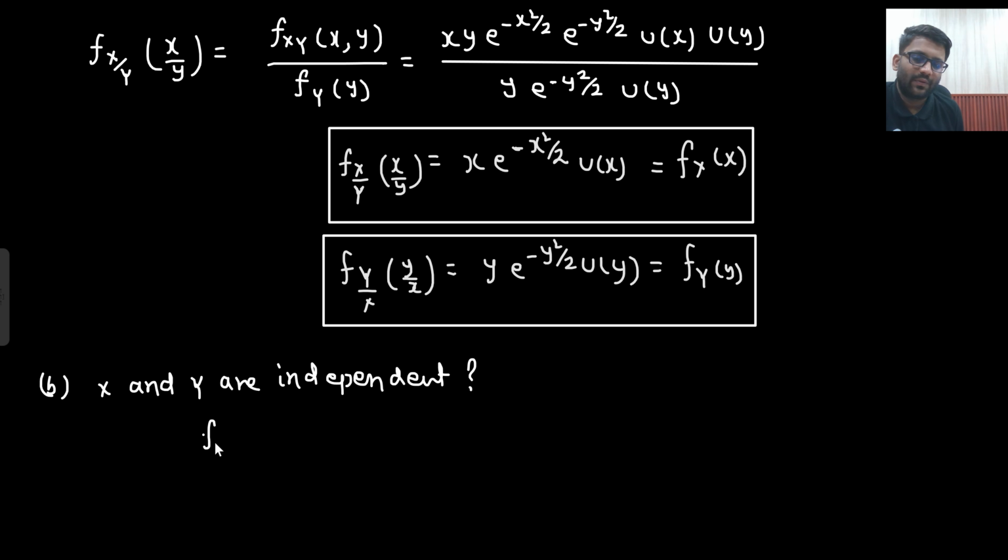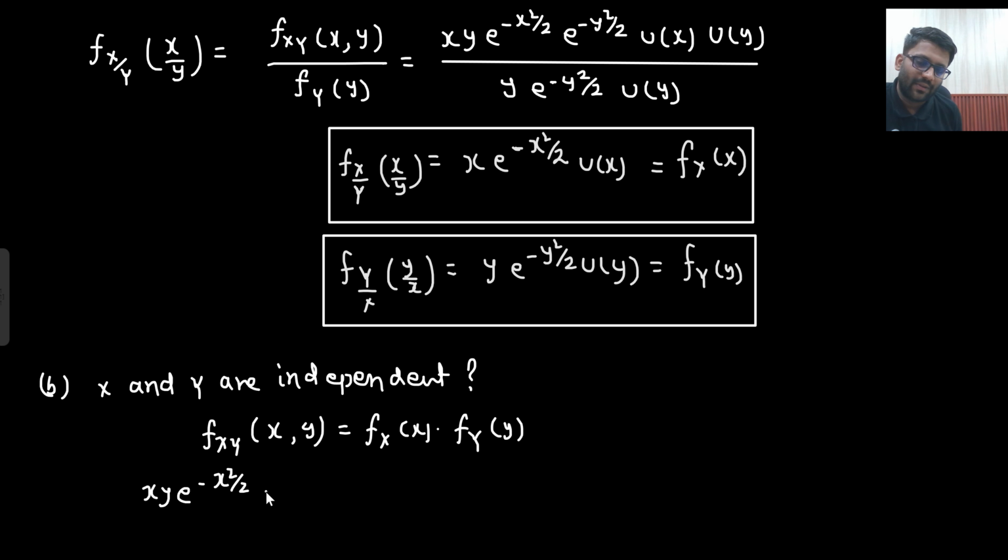So what you will do? If x and y are independent, then this should be equal to this. So what is this? This particular thing is xy e to the power minus x square by 2 e to the power minus y square by 2 ux uy, right?